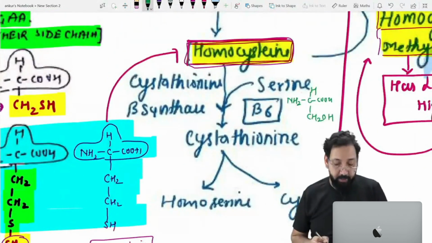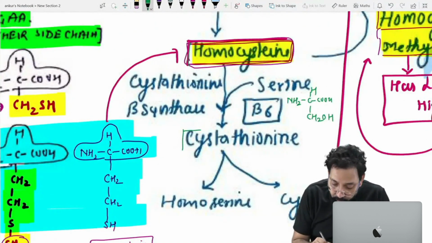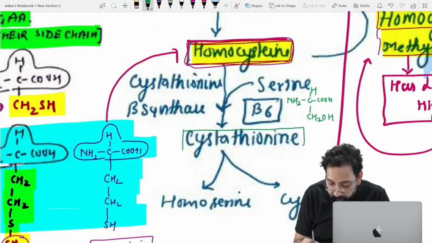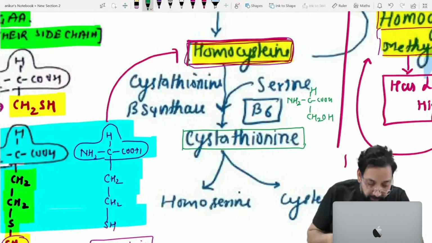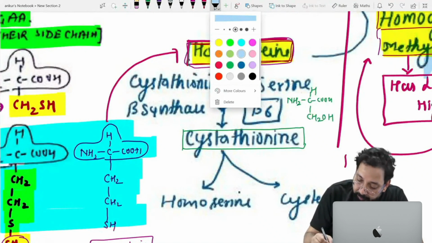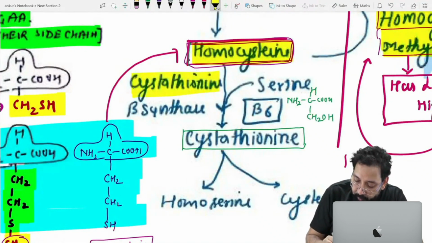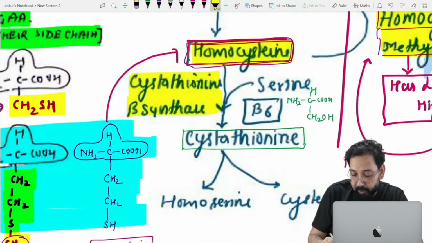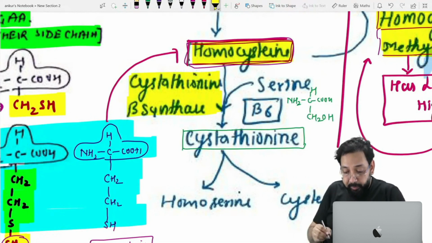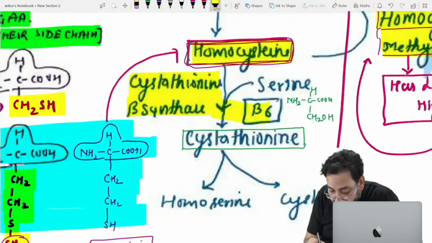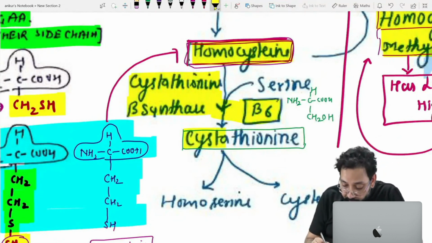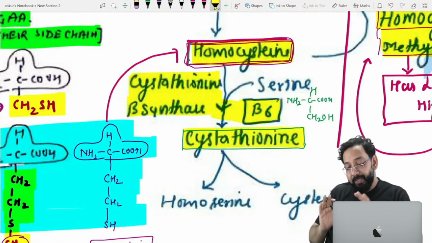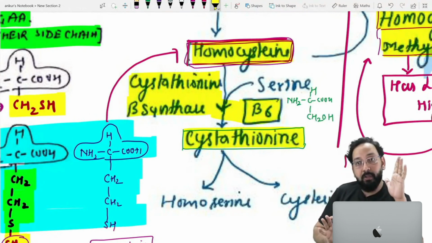I join homocysteine with serine, and when we join homocysteine with serine, it becomes cystathionine, and the name of the enzyme is cystathionine beta synthase. This cystathionine beta synthase requires vitamin B6, and cystathionine is produced. What is the structure of cystathionine?